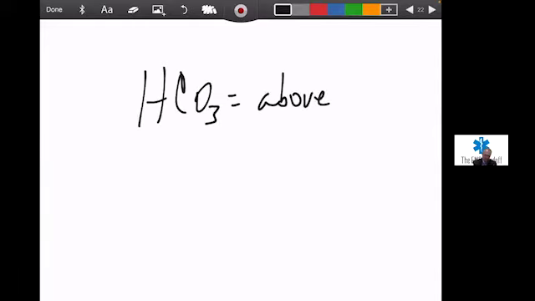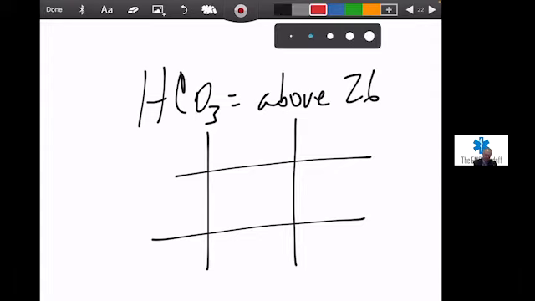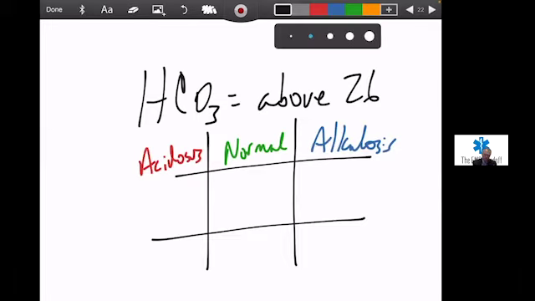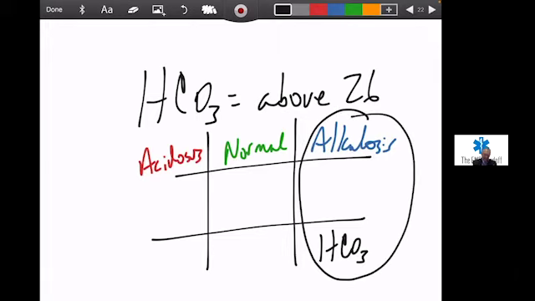If, for whatever reason, my HCO3 is above 26, then I know I'm making more bicarb for whatever reason. That's pulling my pH to the other side, making me alkalotic. Drawing my Tic Tac Toe board out here. So if it's above 26, then we'll plug it right here on my grid, and that makes it alkalosis.